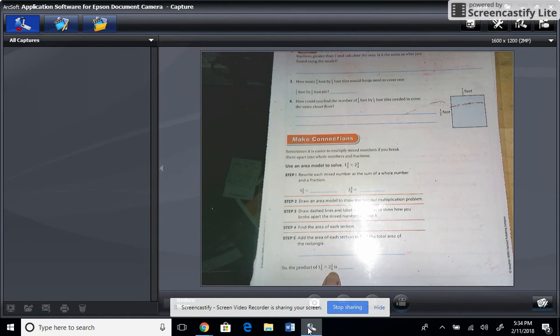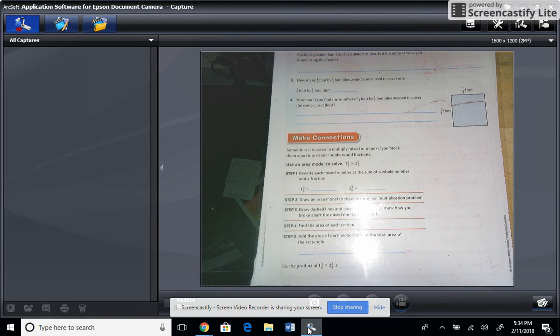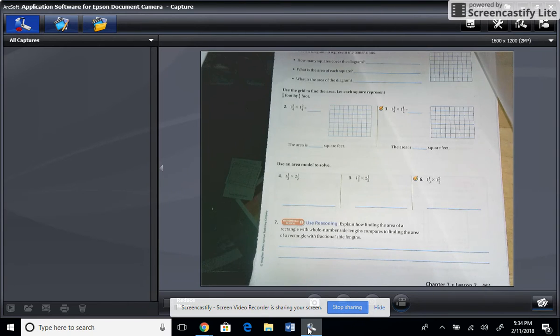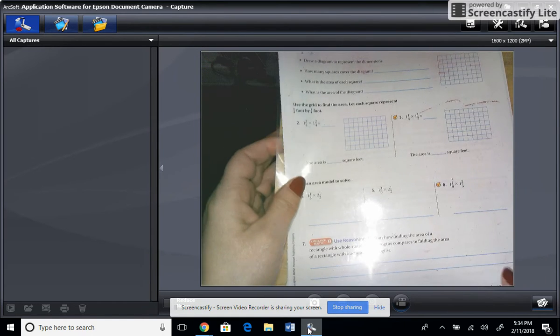A lot of steps you have to go through. It works really well. That is one way to do it, to make it easier. Let's see what else I have here. Using the grid, we could draw a diagram to represent the dimensions.